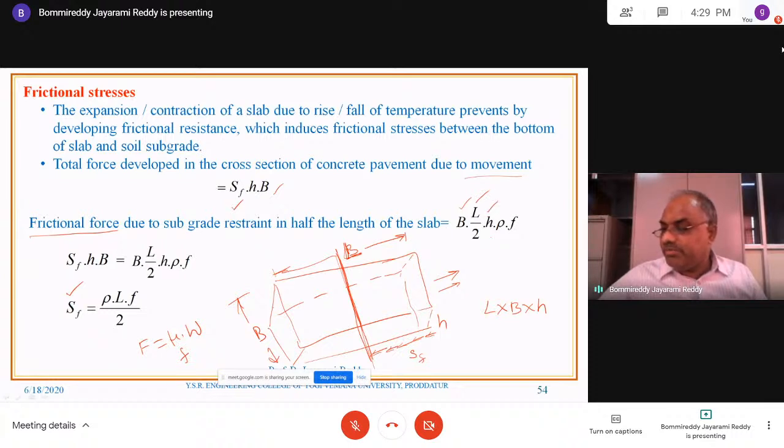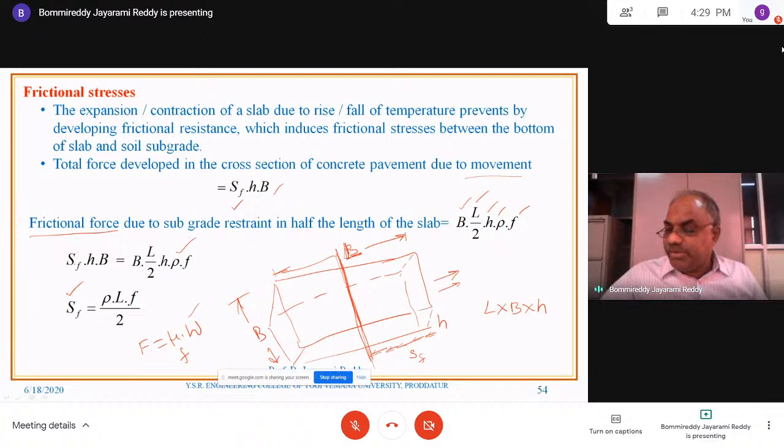This is the volume of the slab, multiplied with the density of the slab. That is the total weight. Total weight multiplied by the frictional coefficient F is the frictional force due to the weight of the concrete, and this will be equal to the resistance.